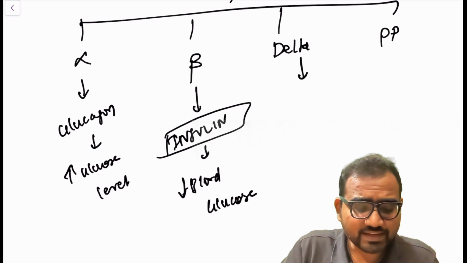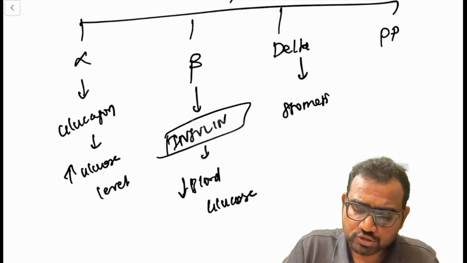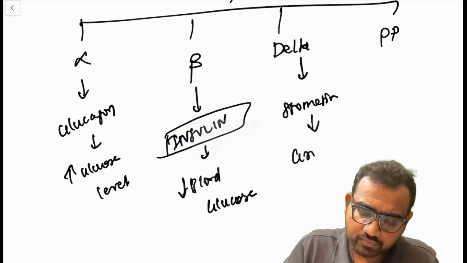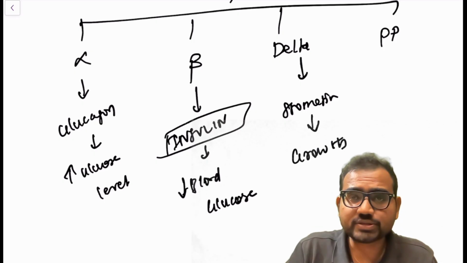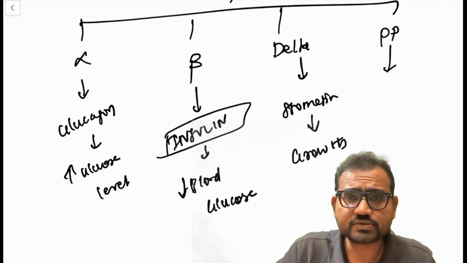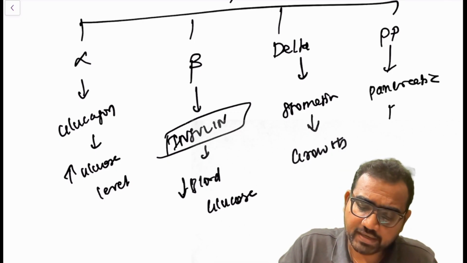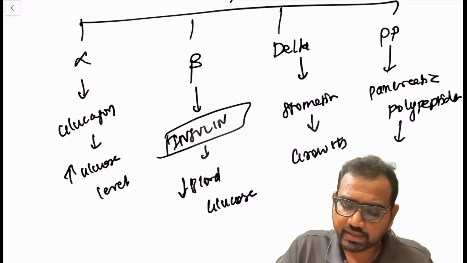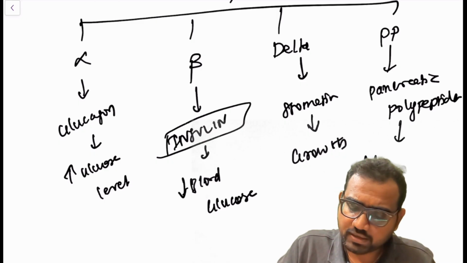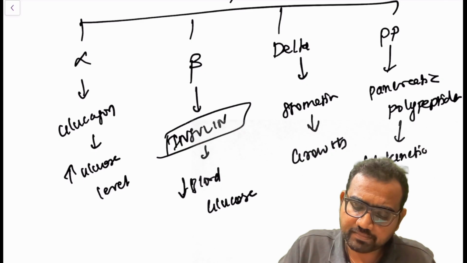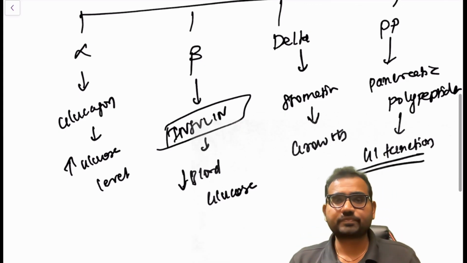And delta cells secrete somatostatin, that is responsible for growth. And PP cells secrete pancreatic polypeptides. Pancreatic polypeptides regulate the GI and digestive functions.